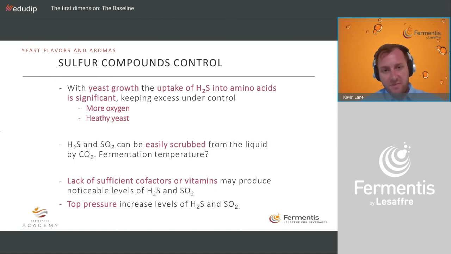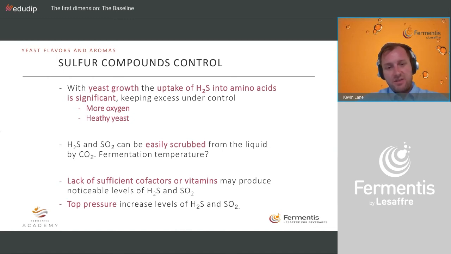To control the sulfur compounds with yeast growth, the uptake of H2S into amino acids is significant, keeping excess under control. You can do that with more oxygenation or healthy yeast. That's key. Having healthy yeast reduces the amount of sulfur production.